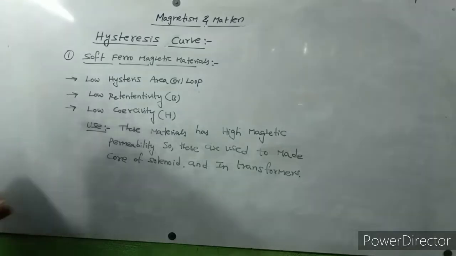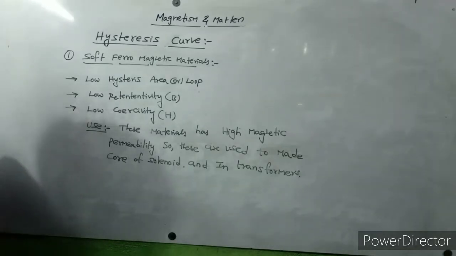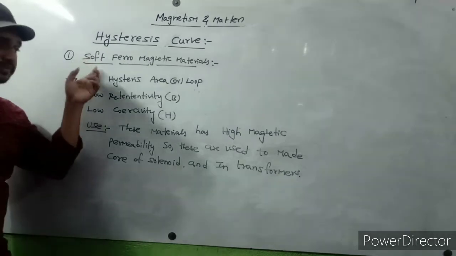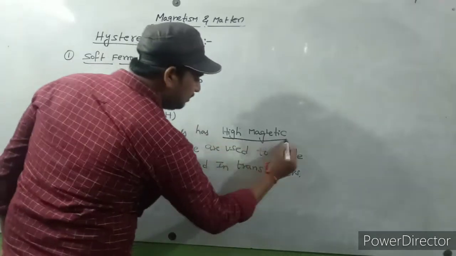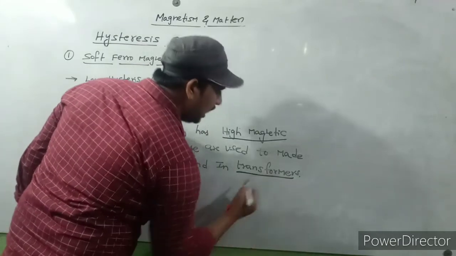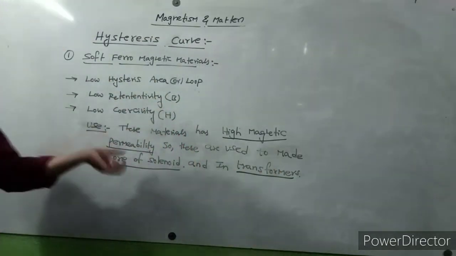Why are we using soft ferromagnetic materials in transformers? Because they have high permeability. That's why we use them in transformers and to make the core of a solenoid.